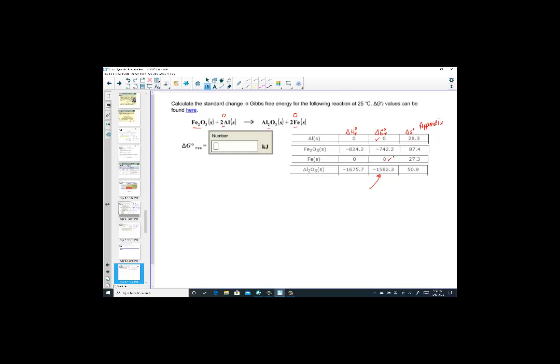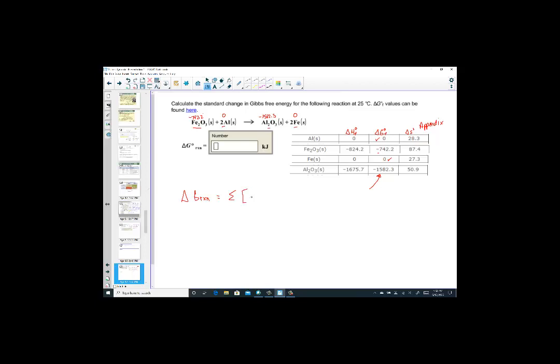The Gibbs free energy for iron(III) oxide is negative 742.2 kJ per mole. And the Gibbs free energy for aluminum oxide is negative 1582.3. So here we have our delta G of reaction is found by taking the sum of the products minus reactants.